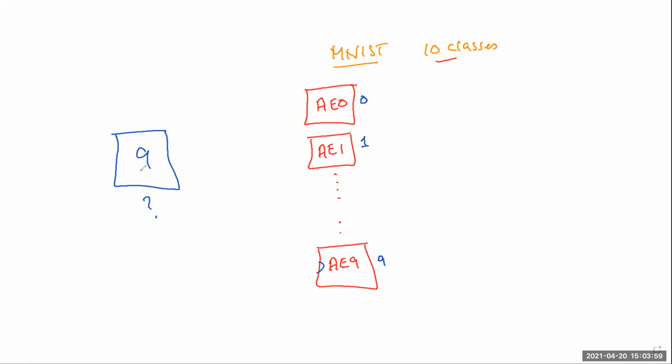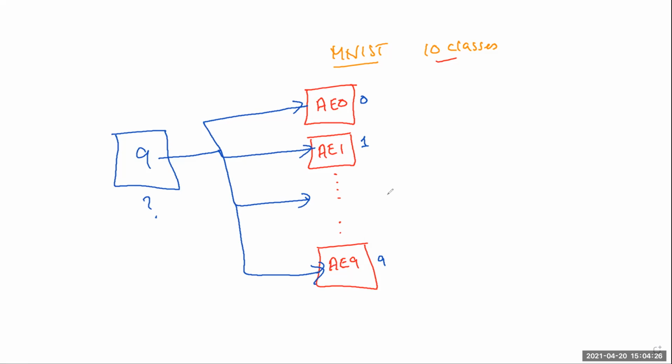So what you will do is you will feed this query to all the 10 autoencoders which are already trained. It means you are conducting a forward pass by feeding your query image to all the autoencoders which you have trained, and their number is the same as the number of classes.